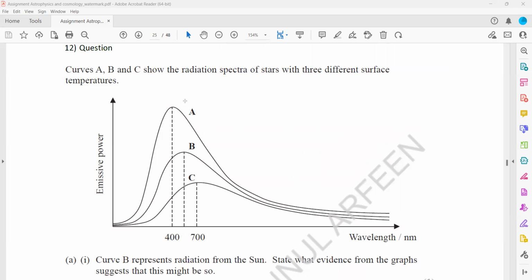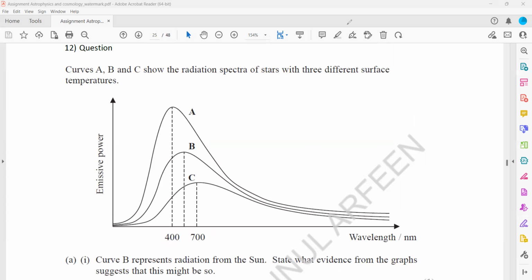Shorter wavelength means higher frequency or more power. What is the relation between wavelength and temperature of a star? It is inverse. According to Wien's law, lambda max times T equals 2.89 times 10 to the power minus 3. So if the wavelength decreases, the temperature of the star increases. You can see the peak wavelengths for A, B and C. A has the shortest wavelength, so star A has the highest temperature.